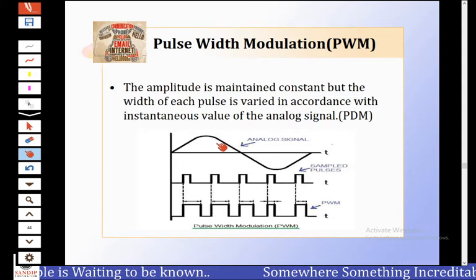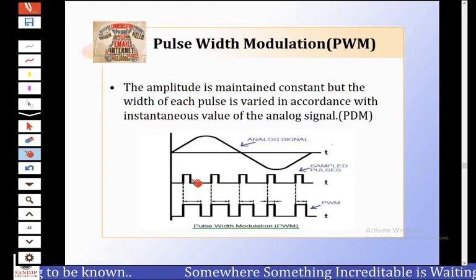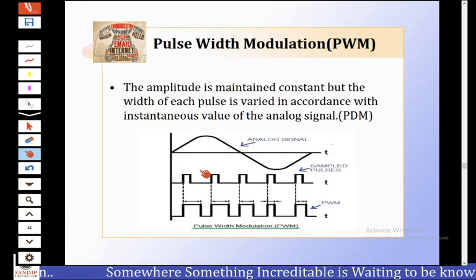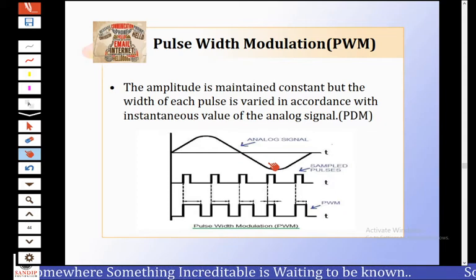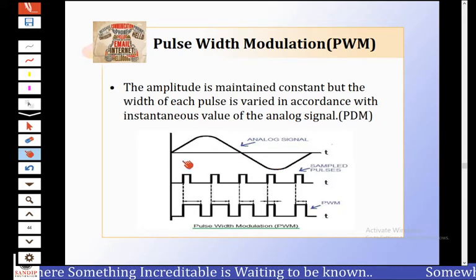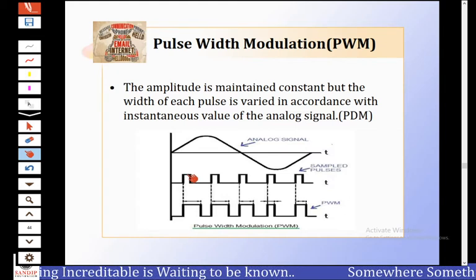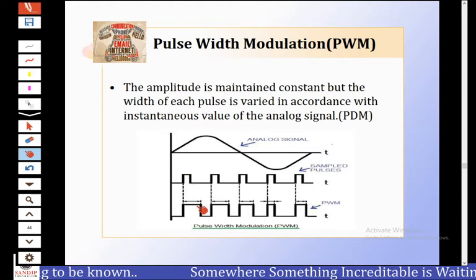In PWM, the width of the carrier pulse varies in proportion with the amplitude of the modulating signal. The waveform of the PWM is shown in this figure. As seen from the waveform, the amplitude and the frequency of the PWM wave remain constant. Only the width changes.